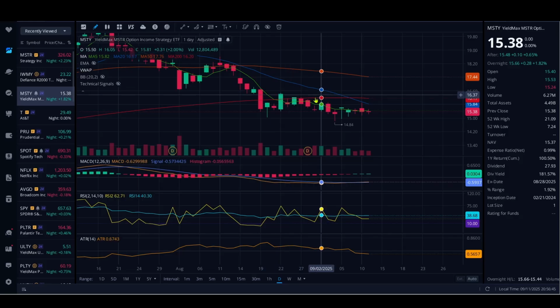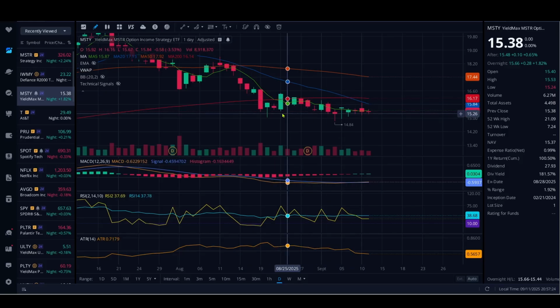So the adjusted chart will adjust and remove all of the stock splits and dividends, and it will smooth out those candles, right? And if you think about it, by doing that, you're looking at more of a long-term look of the stock, right? Because you're not seeing that actual drop in the price in the candles.